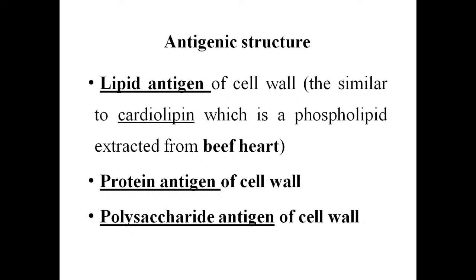So the lipid antigen of Treponema pallidum is similar to the cardiolipin antigen of beef heart, another organism. Protein antigen of the cell wall is another antigen, and the polysaccharide antigen of the cell wall is the third one.